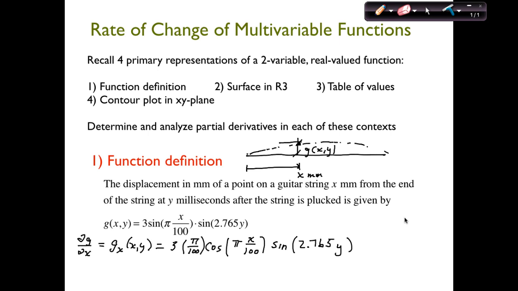All right, so partial with respect to y. Somebody new can do that for us. What would the partial with respect to y be? Chance, you think you can do that?